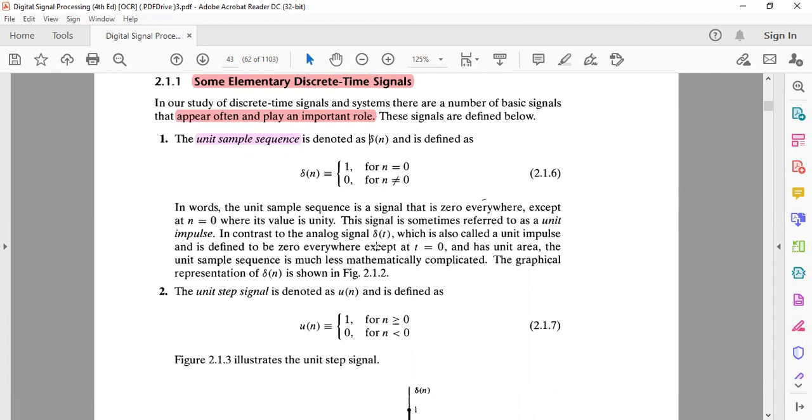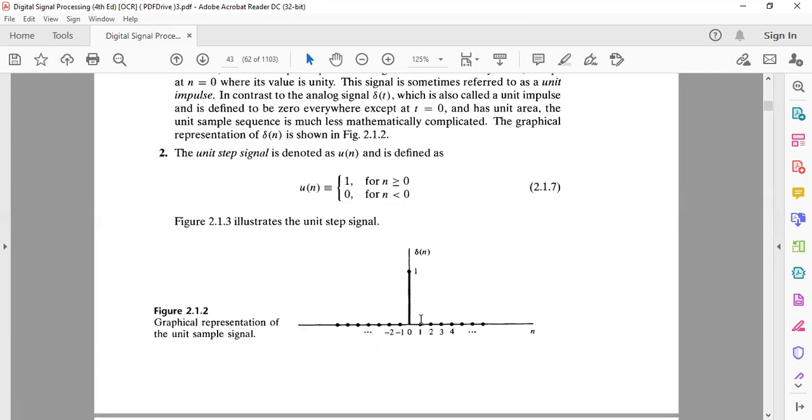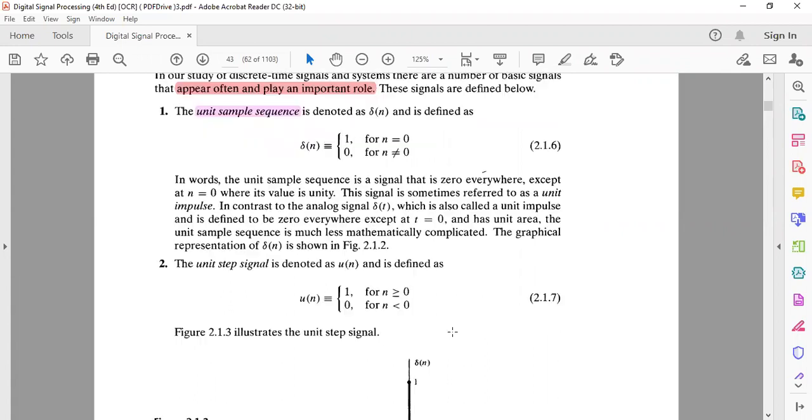It can be shown graphically down here that all other values for n not equal to 0 are 0, but it is 1 when n equals 0.